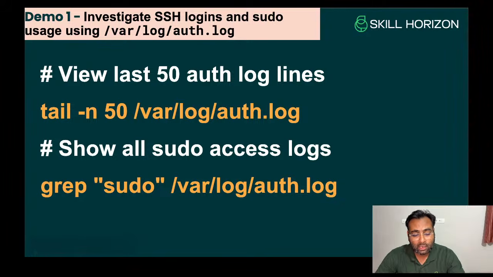You can check as many lines as you want, right? And if you want to check all the sudo access logs, then you can grep sudo on this file, but this file should be in your system. After that you can run this command.